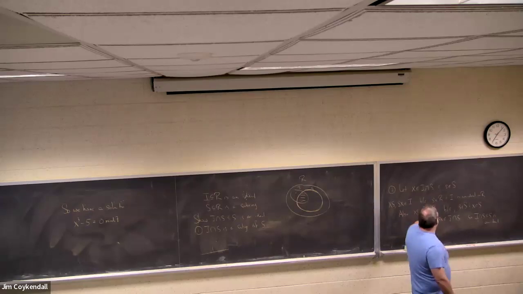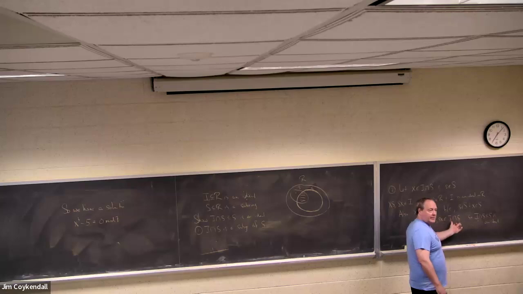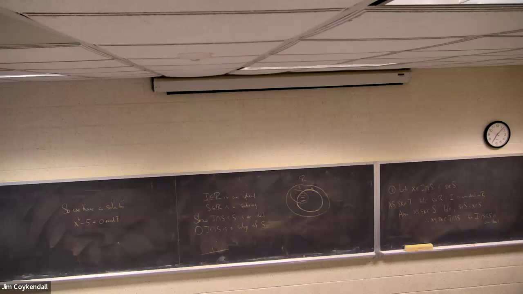Next step, we show it's in S, and that's because S is a subring, and both X and S are in S, so their product is in S. And so therefore, XS and SX are both in I intersect S. So that's it absorbs stuff from both sides. I intersect S is contained in S. It's a subgroup. And when you take anything there and anything in S and you multiply in either order, it's still in there. So you could say S times I intersect S is still contained in I intersect S.